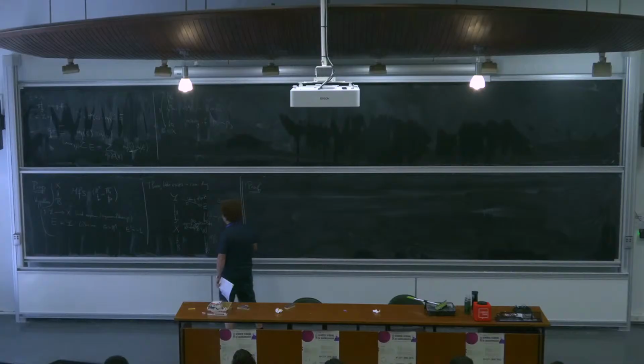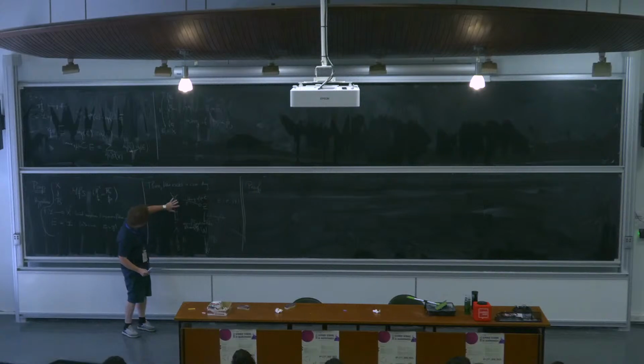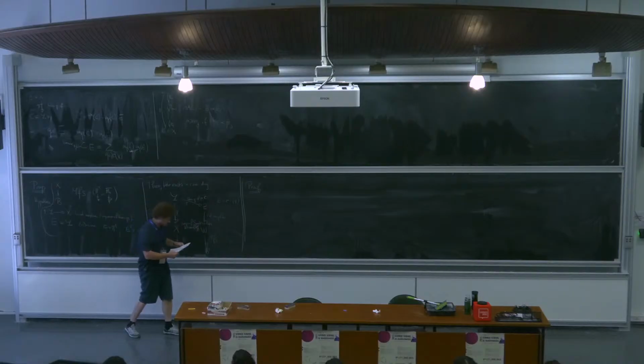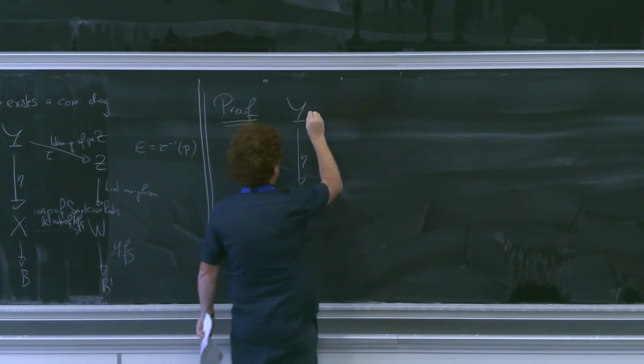Okay, so you have a morphism here. So this is given, the eta is given. So everything on the left is given, and now you want to prove what is on the right. So we will decompose it. You start with y to x, and then you decompose it.